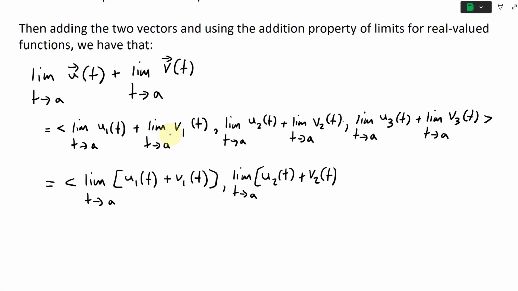So again, both limits are the same, so just basic limit properties, just take that out. And then next one is limit t approaches a, and this is going to be u3 of t plus v3 of t, and close that up and see if it fits in.